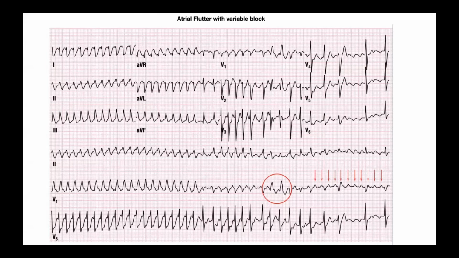Why? The axis here: AVL is negative and AVR is positive. AVF is positive, right? Yes, but this is not enough to say right axis. You have to look at lead 1 back there. Here lead 1 is positive, so this is normal axis. Yes, it's toward the right, but it's not right axis. This is normal axis.